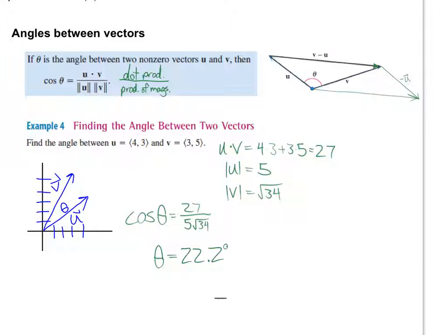Yes. It looks acute. If you're drawing it properly, you should at least be able to tell if it's supposed to be acute or obtuse. And it's a pretty small angle, 22 degrees makes sense. Anyone not getting that, or having trouble with the calculator work? Okay. So that's the main thing that we can do there.